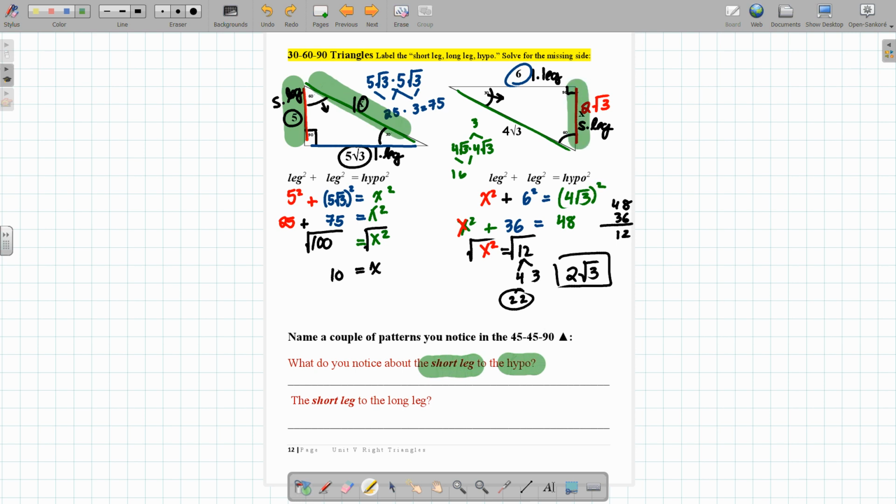The short leg here is 2 root 3. The hypo is 4 root 3. 5 to 10, 2 root 3, 4 root 3. There is a pattern from the short leg to the hypo. Write down, what do you notice in both circumstances?